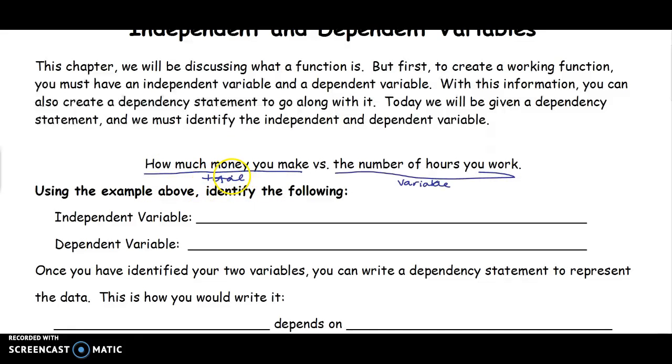So your overall total is always your dependent variable. So this would be how much money you make, and your independent variable is what's going to change that value, which is the number of hours you work.